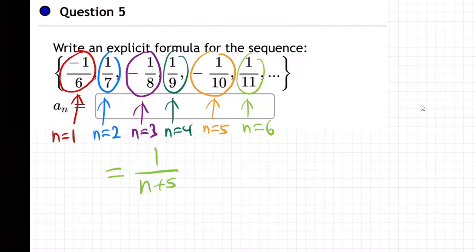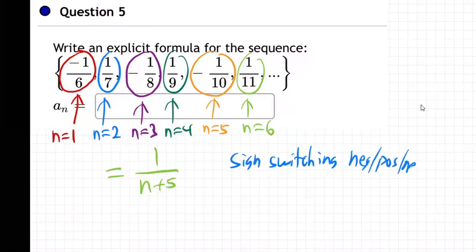Now, what about the negative? Well, here's the trick. See how the negative switches? It's negative, positive, negative, positive, negative, positive. It's switching. They do that all the time. When you have a sign switching, negative, positive, negative, back and forth like that, there are 2 things that'll do that.